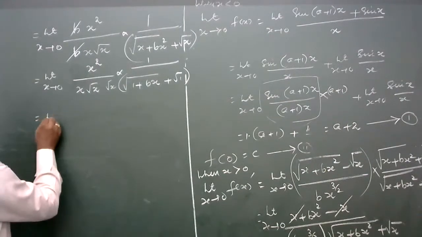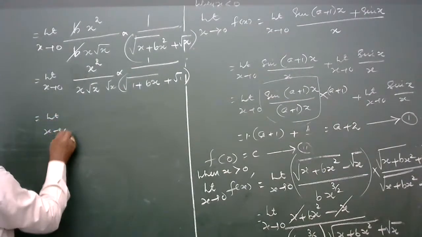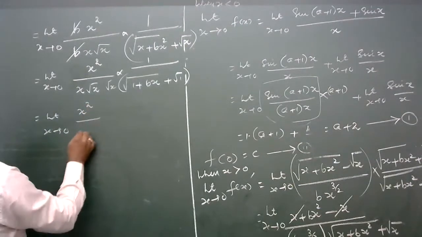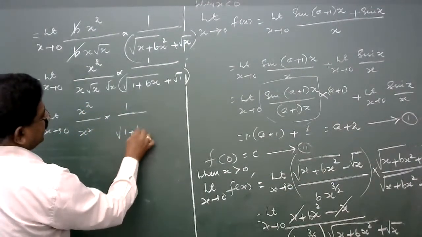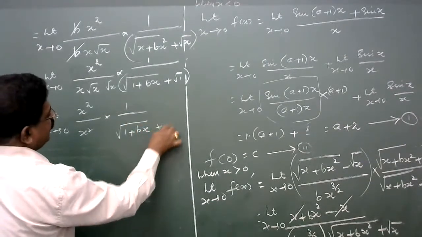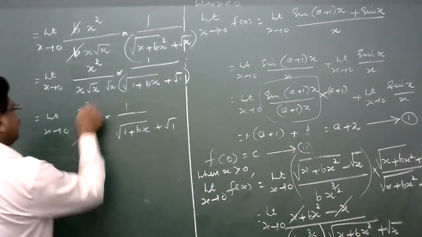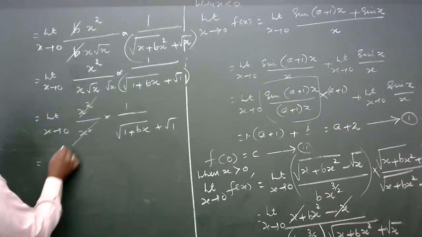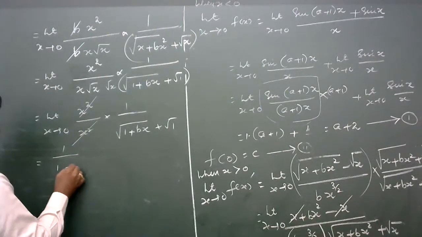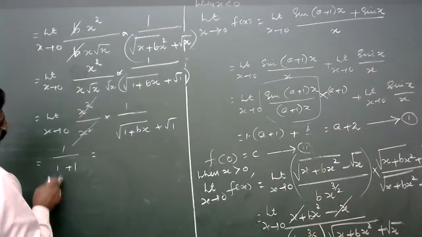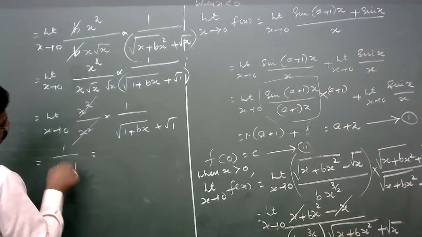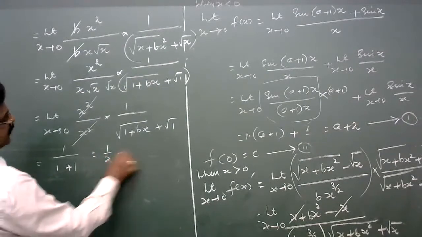Now this is equal to limit x tends to 0, x squared upon x squared into 1 upon root of 1 plus bx plus root of 1. Okay, x squared cancels. Now we apply the limit: 1 by 1 plus 1. That is a positive value, so root of 1 is 1, and here 1 upon 2.